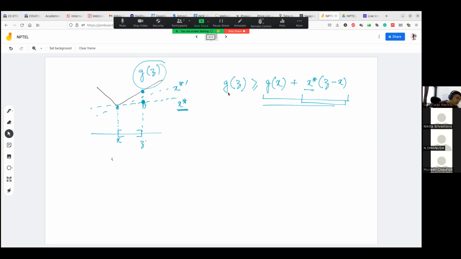And now you can verify that for every z. No matter wherever your z is, the corresponding point on this line will always be below the function here. And you can look at it from the other side. If z is on the other side, that means z minus x is negative, so you are falling below. Then certainly g of z will be above this. So this is how we can define a subgradient as something very similar to a gradient, where I know that the function is not differentiable.